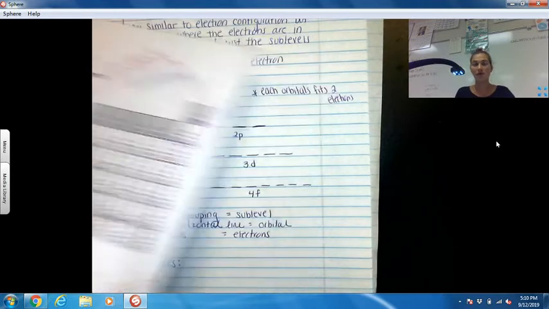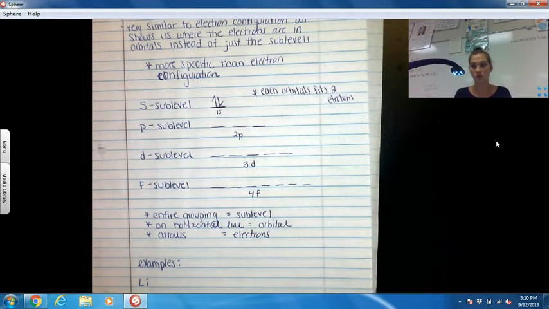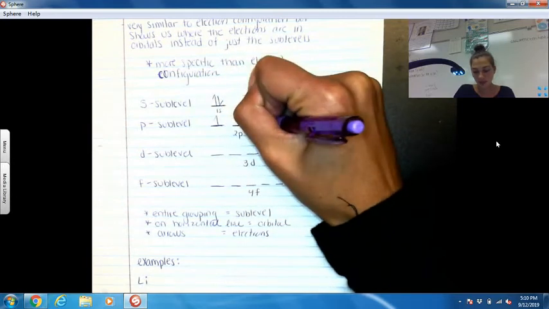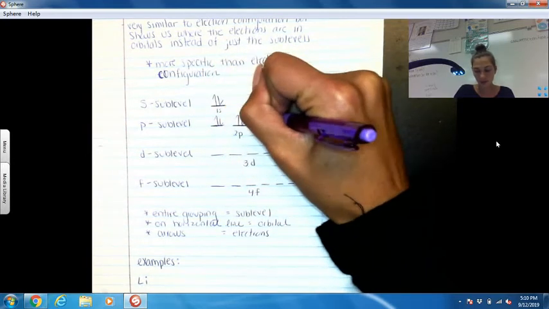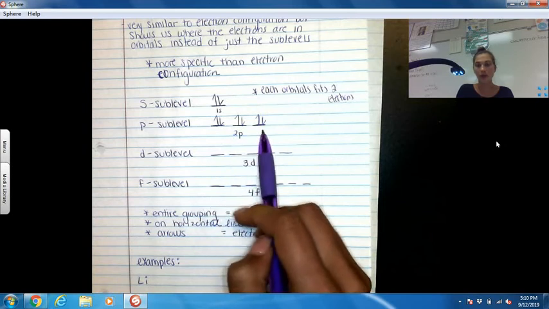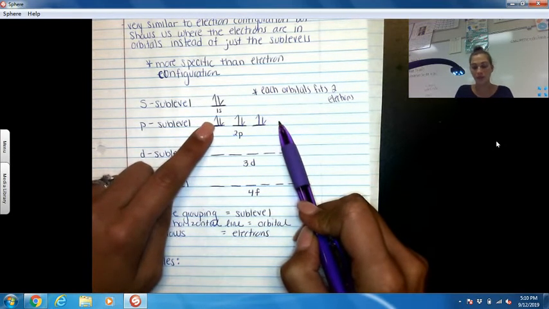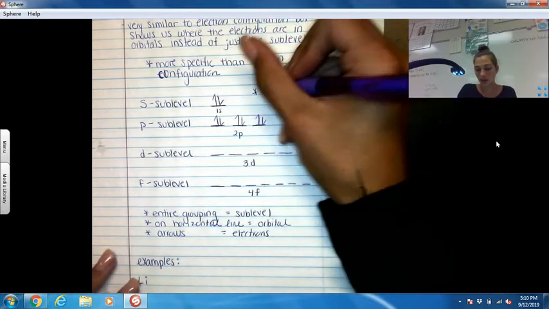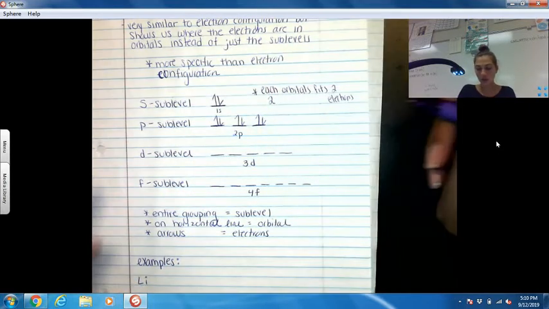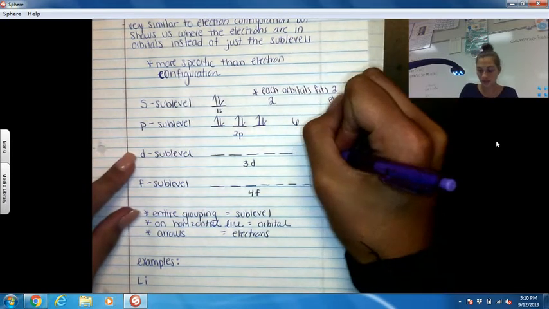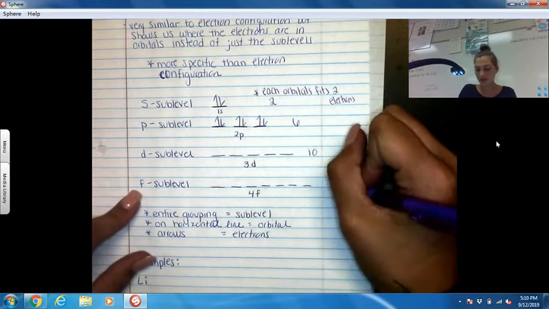So if each orbital can fit 2 electrons in it, that means that we now have 3 orbitals that are part of the P block, so we can fit all 6 of our electrons. So again, our S can have a max of 2, P can have a max of 6, D has a max of 10, and F has a max of 14.